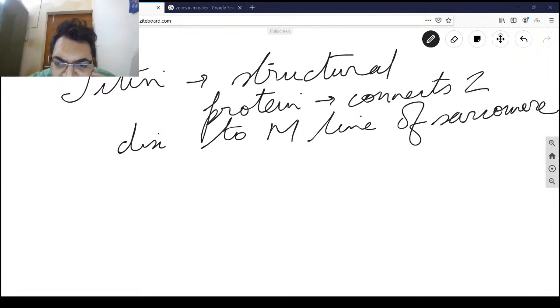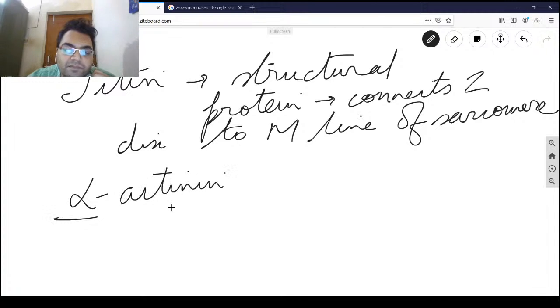Now, once we go to alpha actinin. The structural protein present at the Z discs is alpha actinin, which attaches to actin molecules of the thin filament, because the Z disc is present at the center of the thin filament, so it must have some protein to attach to the thin filament.